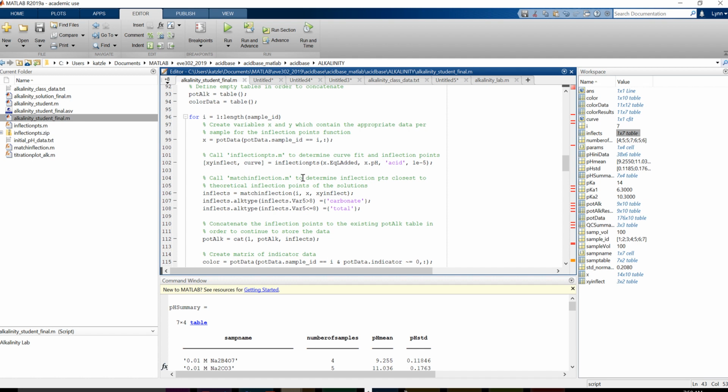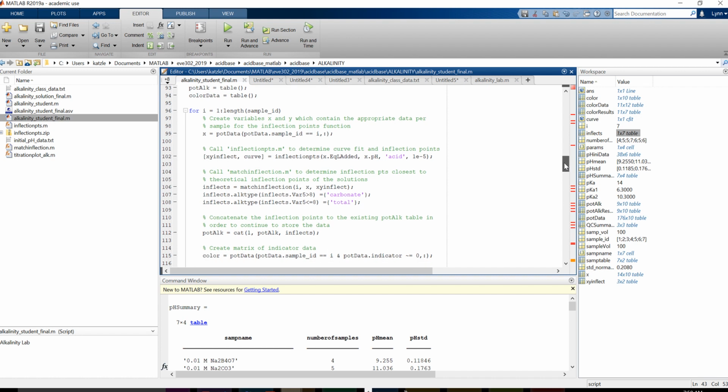Then we're going to match the inflection points to find the points closest to theoretical points, and identify whether those are associated with carbonate and total. So this is where we are trying to determine where the inflection points are.